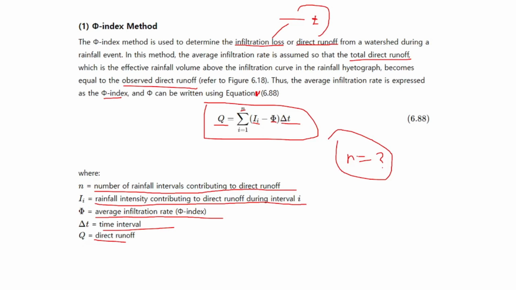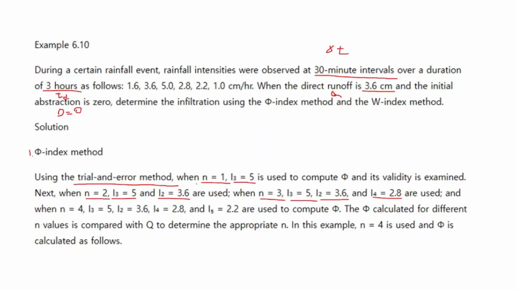They're trying n equals 1, n equals 2, n equals 3, and so on. But when they're doing this, they're selecting the intensities with the highest numbers first. So when it's only n equals 1, there's only one interval, so only one rainfall intensity. If you look at the data here, 5 is the highest, right?